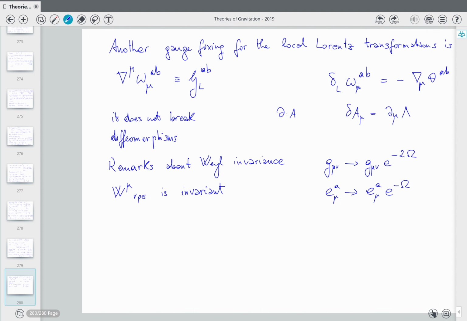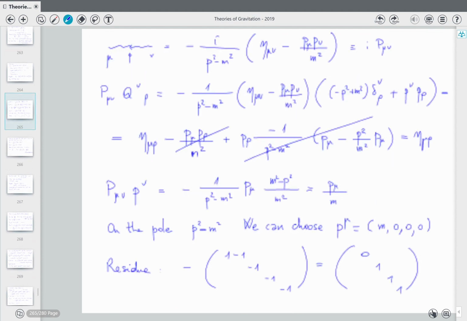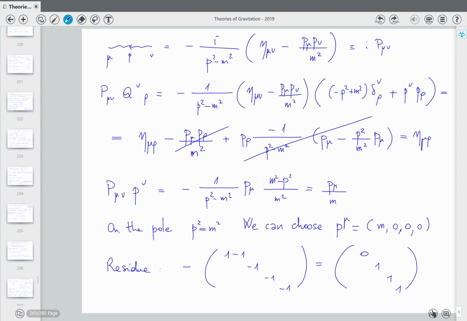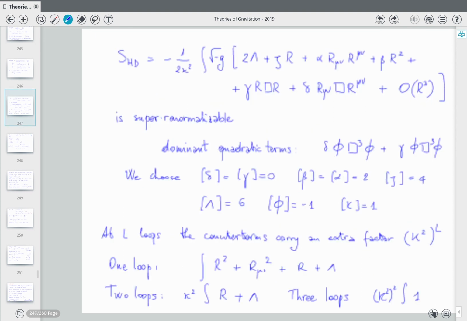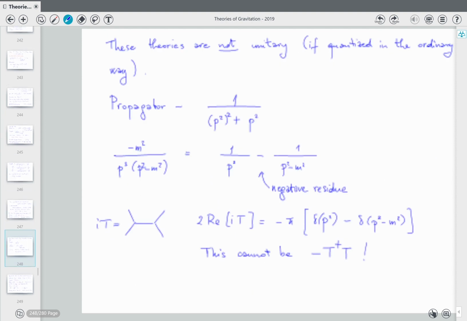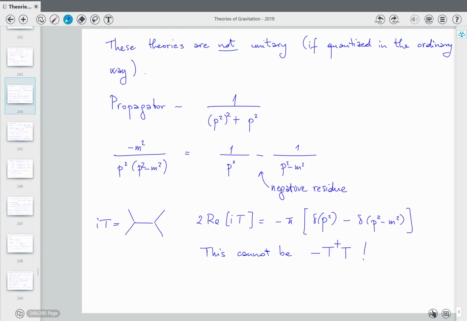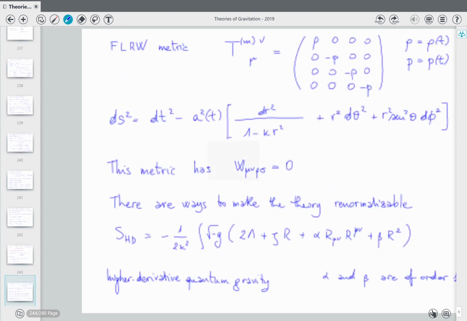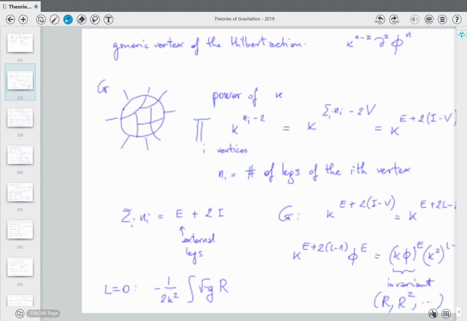Then we saw that there was an action that was invariant, the Weyl squared action. Yes, I think it is here somewhere.